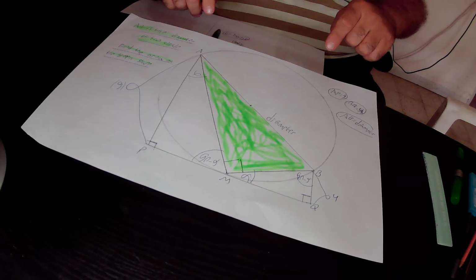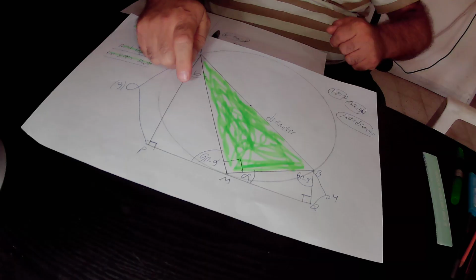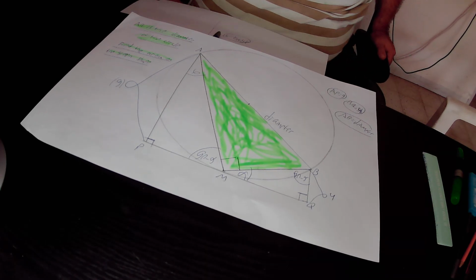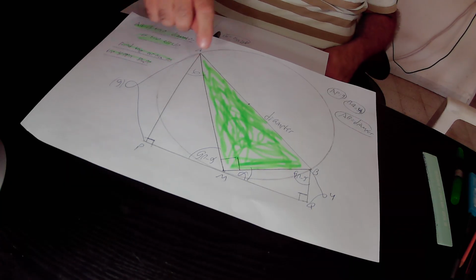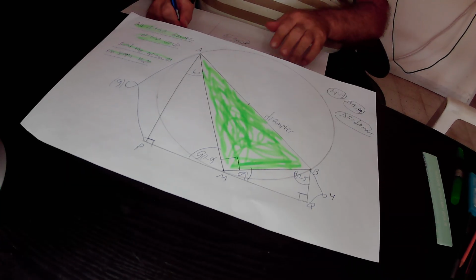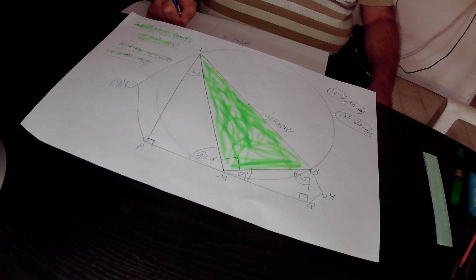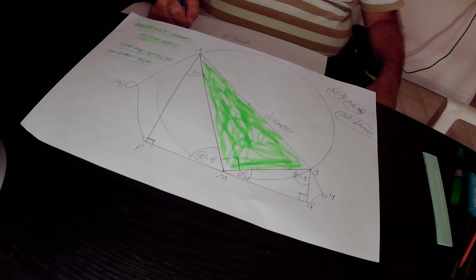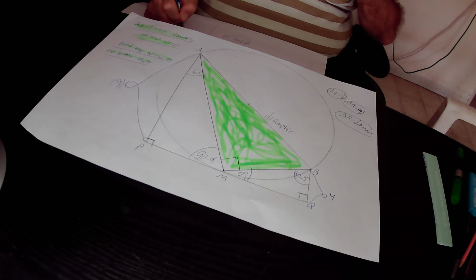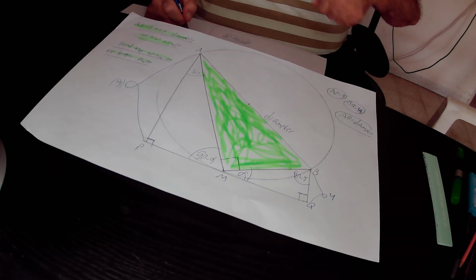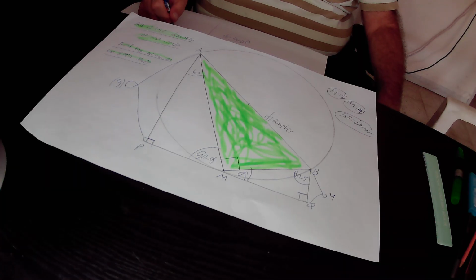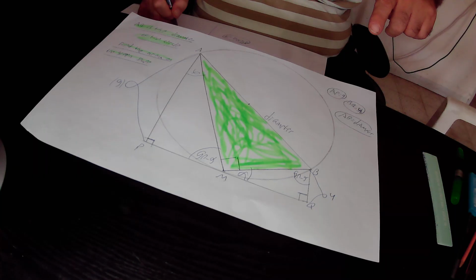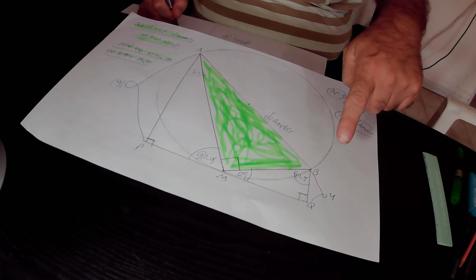And from the fact that those two right triangles are similar to each other, we derive that the following relationship exists between their sides. We derive that side AP of the big right triangle APM over side MQ of the small right triangle BMQ is equal to side PM of the big right triangle APM over side BQ of the small right triangle BMQ.